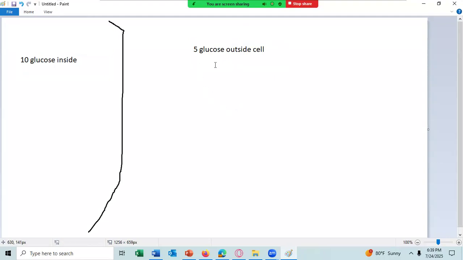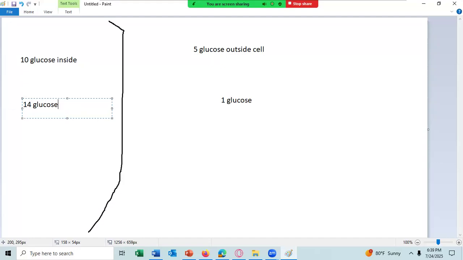Now, if you were to move all 5 of the glucose inside the cell, at the very last, you would be pumping this 1 glucose, let's go 1 here, into the cell against 14 glucose inside the cell.